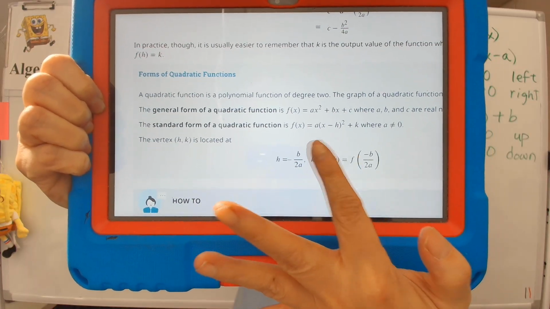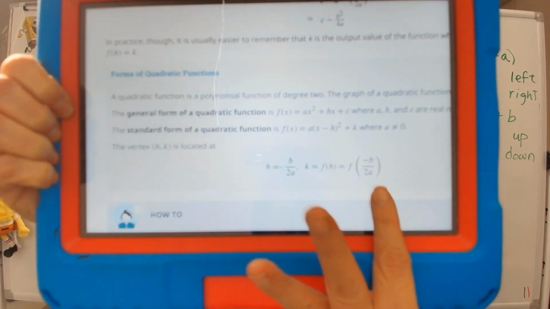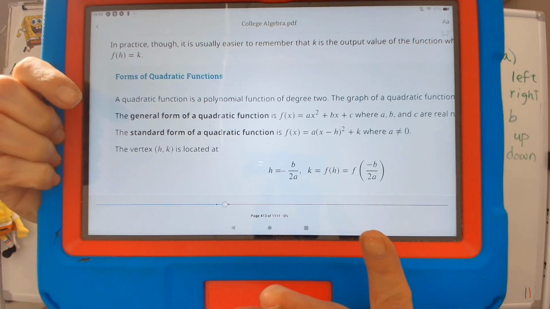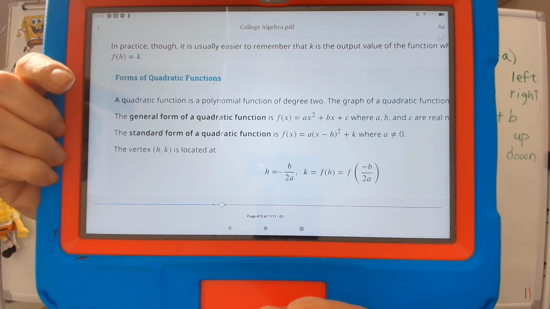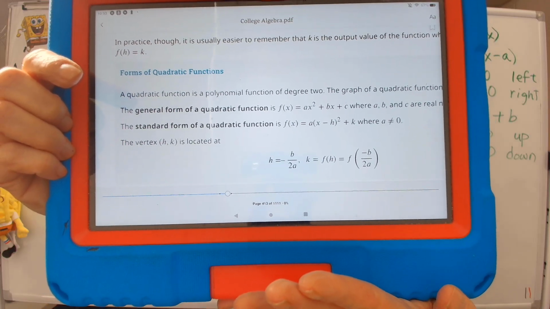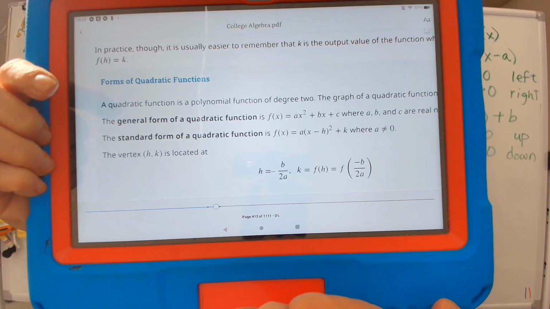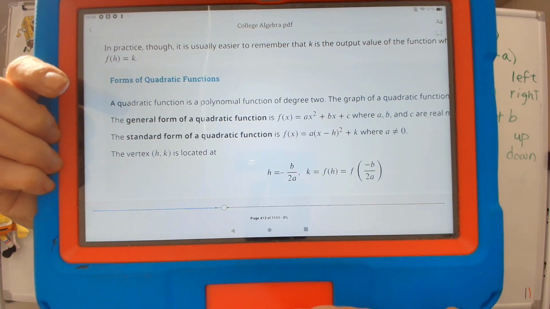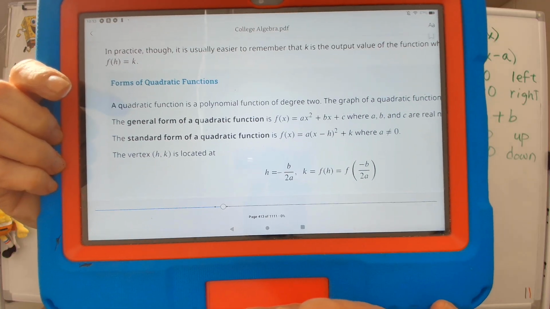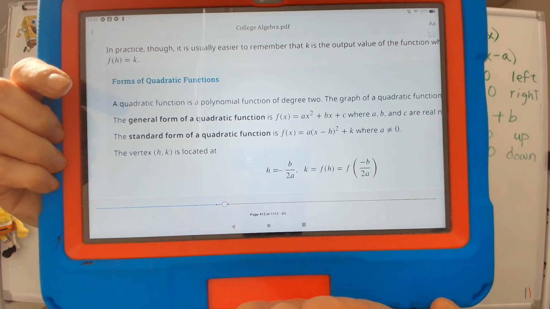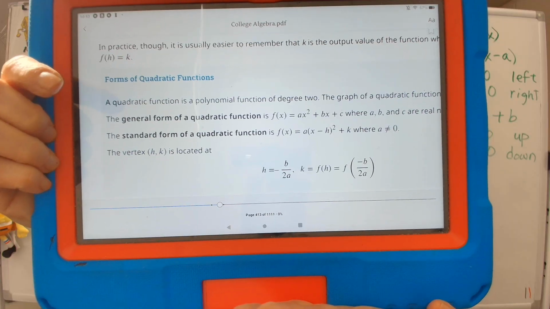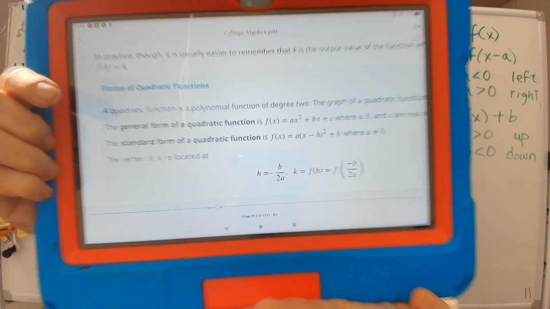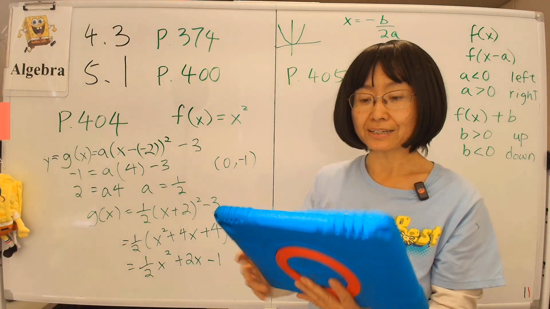It's not possible for f of x to get any less than that, because the square at the most can go down to 0. The square does not go any less than that. As a result, the lowest f of x can go is k. So that is why that is the vertex: the y value is k, and the x value is exactly where the square equals 0, that is x equals h. And that's the logic behind it.